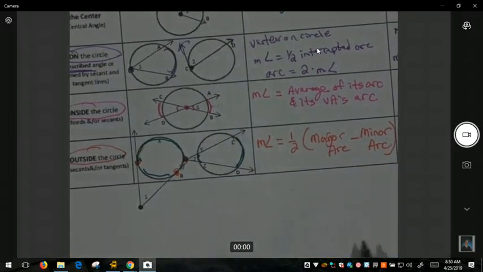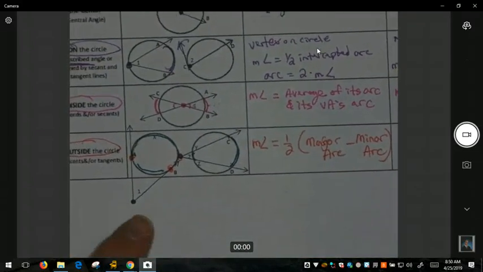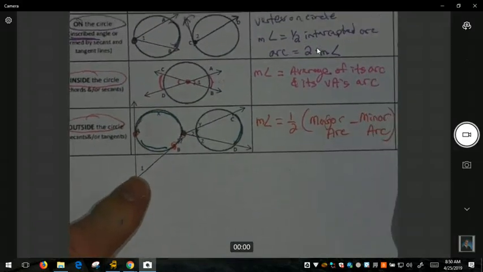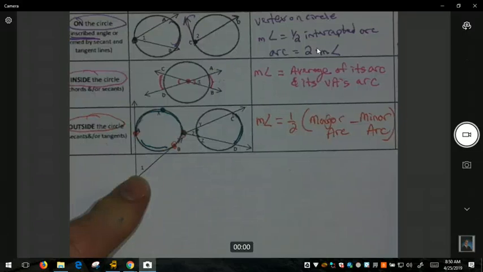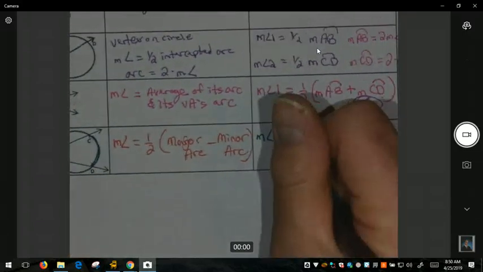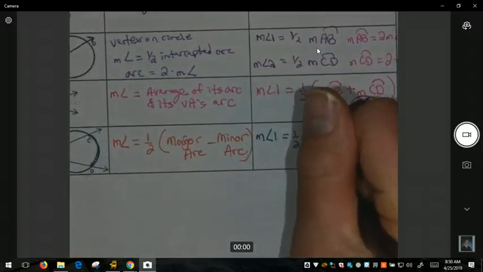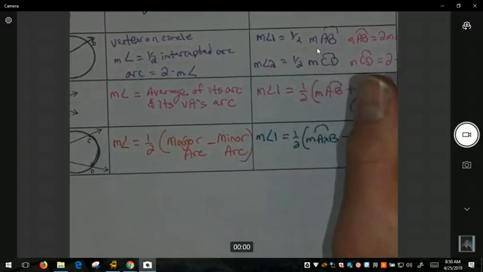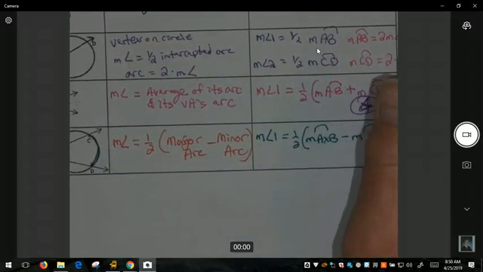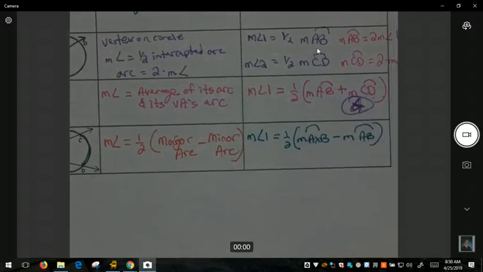So for this one, I'm going to put point X on the line, and the measure of angle 1 is equal to half of the measure of arc AXB minus the measure of arc AB.